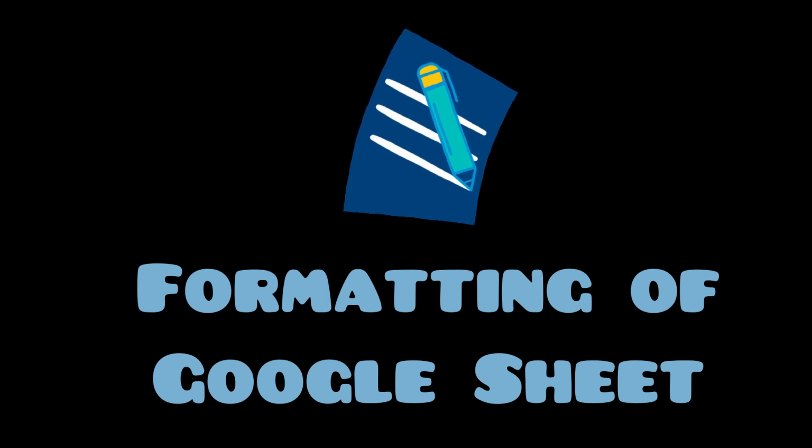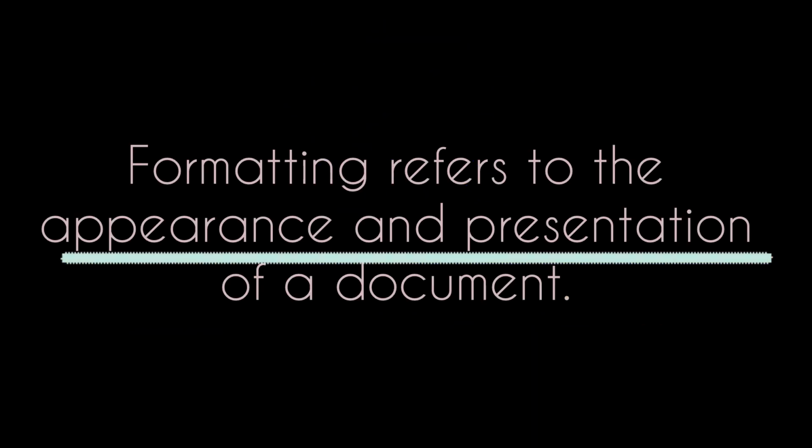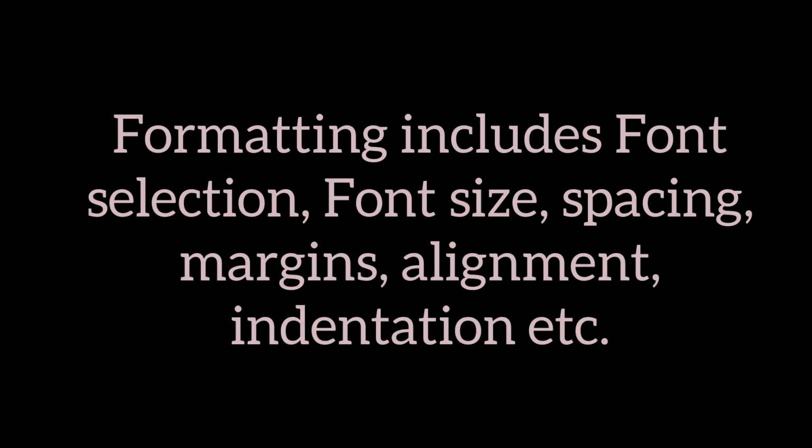Today we'll learn about formatting of Google Sheet. What does formatting mean? Formatting refers to the appearance or presentation of your document. Or you can say formatting is layout. Generally, formatting means the way your document looks and is visually organized.